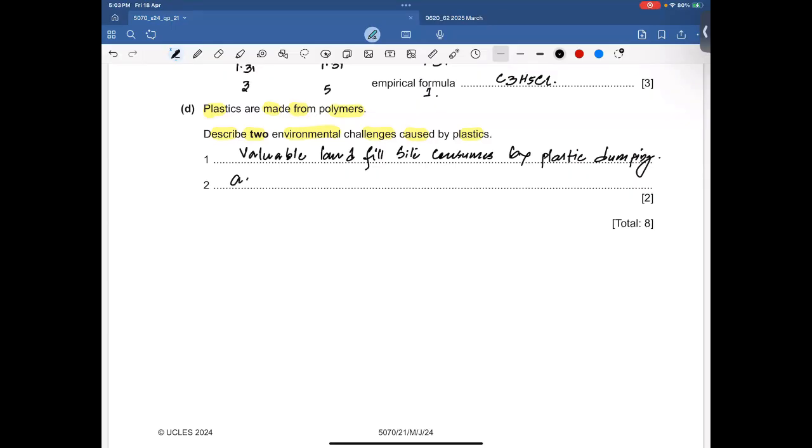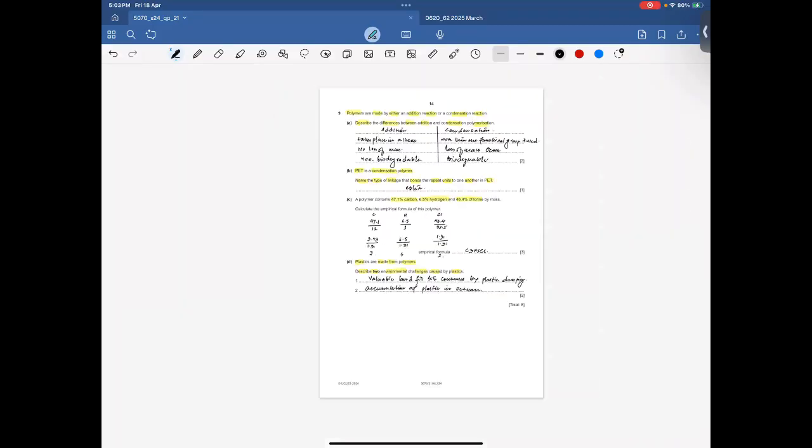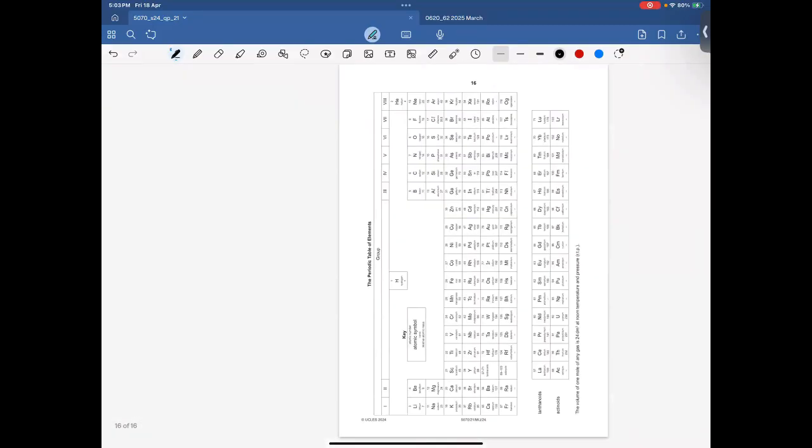Second, accumulation of plastic in the ocean. Okay. That's the end of this paper, guys.